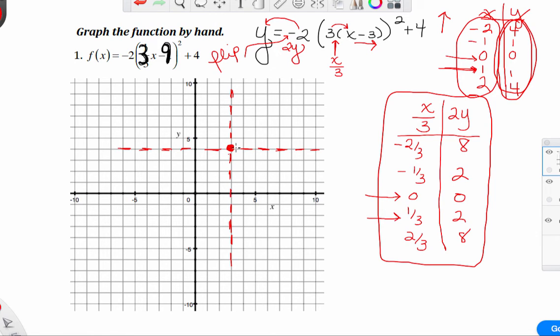And instead of down 1, I'm going to go down 2. And instead of over 2, down 4, I'm going to go over 2/3, down 8. So we have over 2/3 and down 4, 5, 6, 7, 8. That's a very skinny graph.